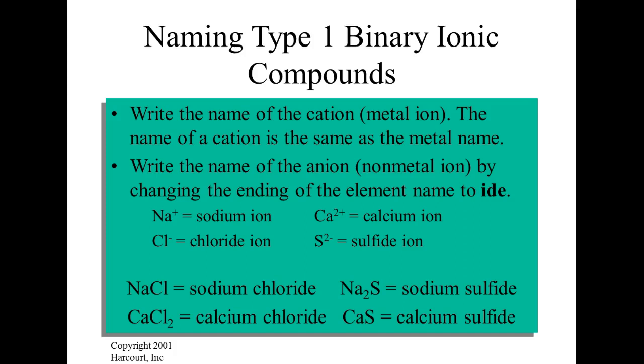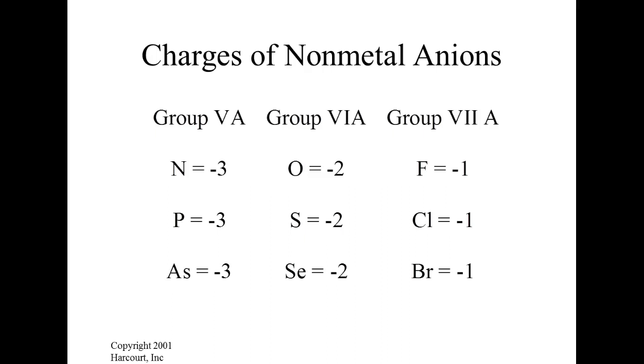The second one is always changed from its regular name into an "ide" form. So sodium sulfide instead of sodium and sulfur. Sodium sulfide when it's in a binary ionic compound. Binary means 2 types of atoms are put together.